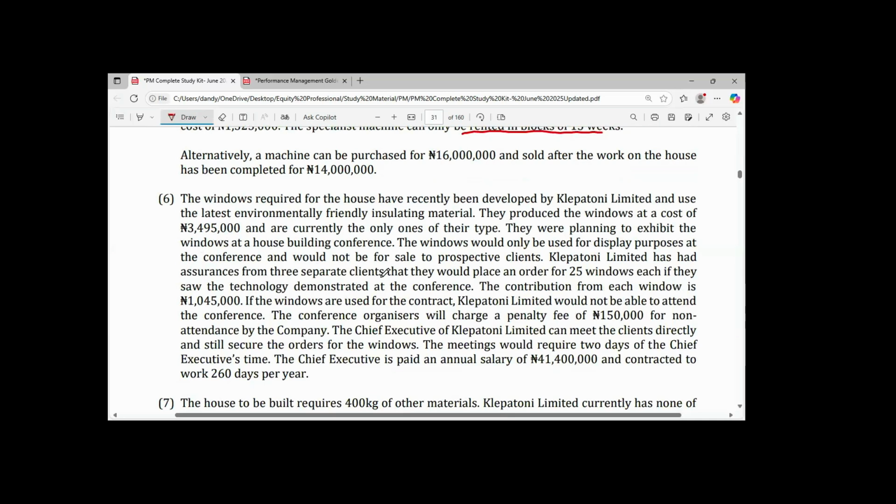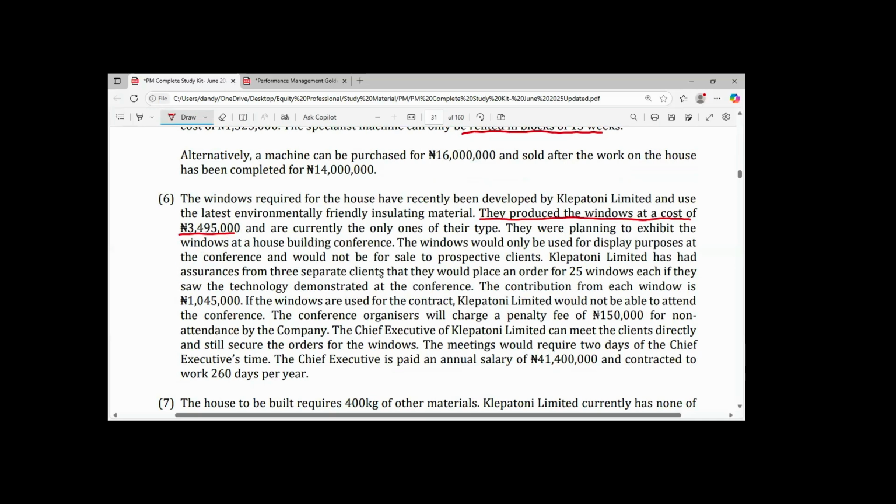recently been developed by Clepatonic Limited and use the latest environmentally friendly insulating material. They produced the windows at a cost of 3,495,000 and are currently the only ones of their type. They were planning to exhibit the windows at a house building conference.